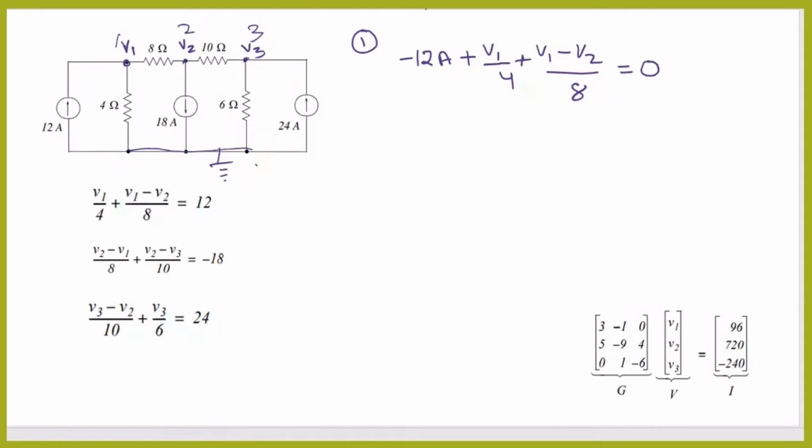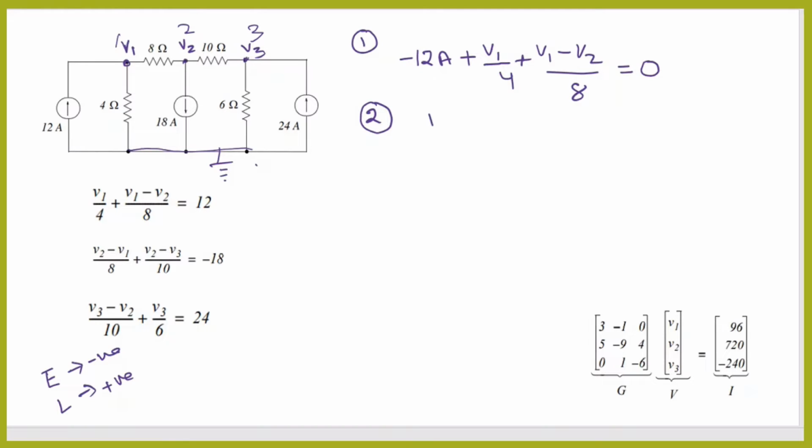Okay, so in the second node, you can see the current is leaving the node. What I told, entering is negative, so leaving will be positive. So you write here, entering is negative, and leaving is positive. So 18 amperes is leaving the node.